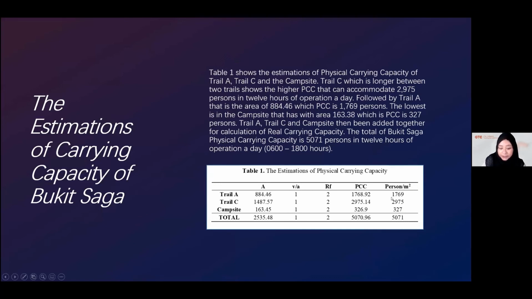It's according to the length of the trail. So bear in mind, remember this number. Okay, so we go to the next calculation.